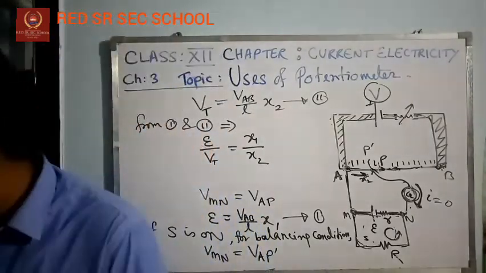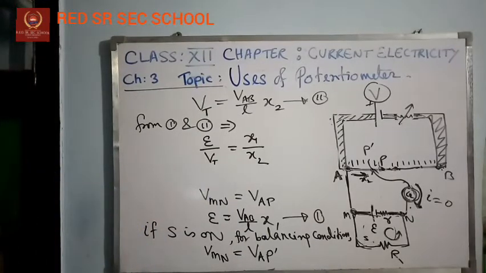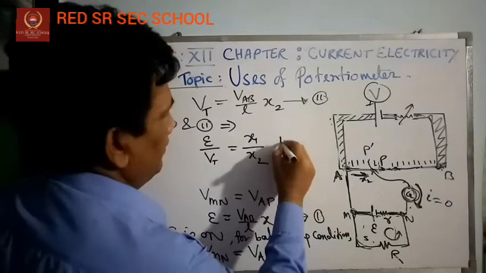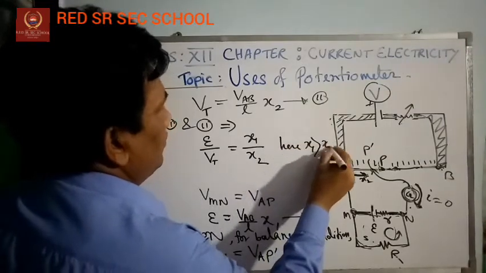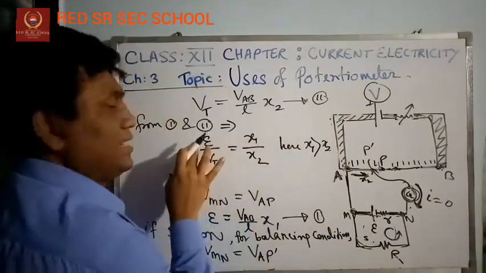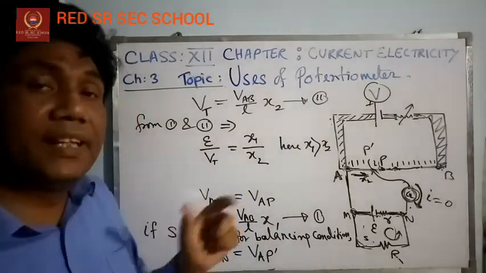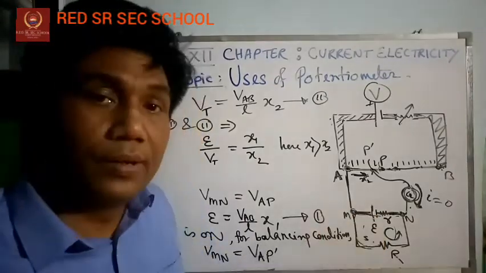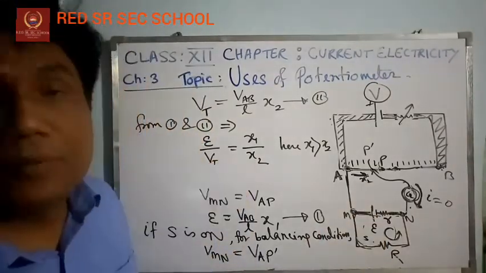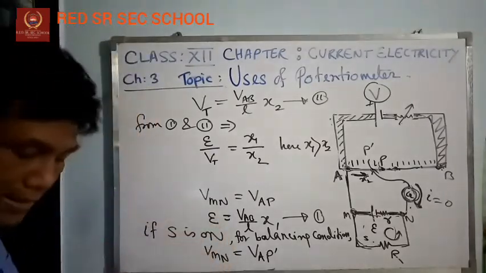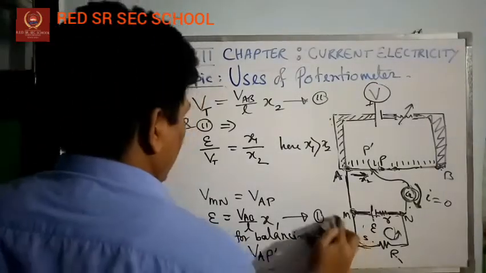Think and say whether the balancing length in the earlier condition is more or in the second condition is more. Yes, x1 is greater than x2. Why? Because x1 balances the EMF, x2 balances the terminal voltage, and terminal voltage is a little less than the EMF when the cell is discharging more. So the corresponding balancing length should also be a little less. This thing you should note.